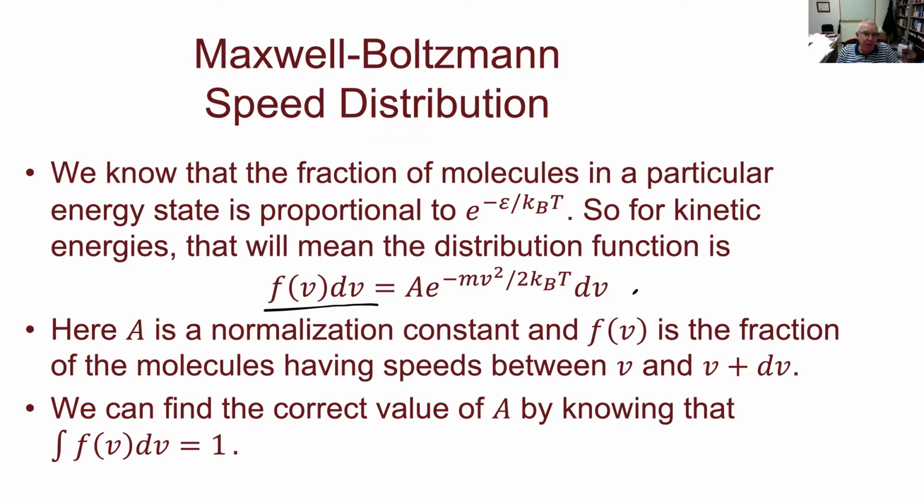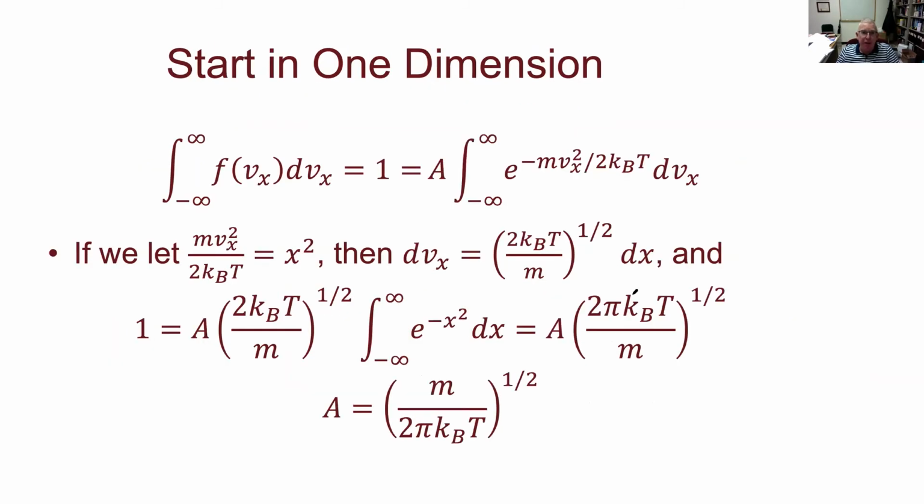So the way we're going to find the value of A is by saying that if we integrate f of v dv over all the possible speeds, meaning from 0 to infinity, then we're going to end up getting a value that has to be equal to 1, because all the molecules have to have one speed or another, okay?